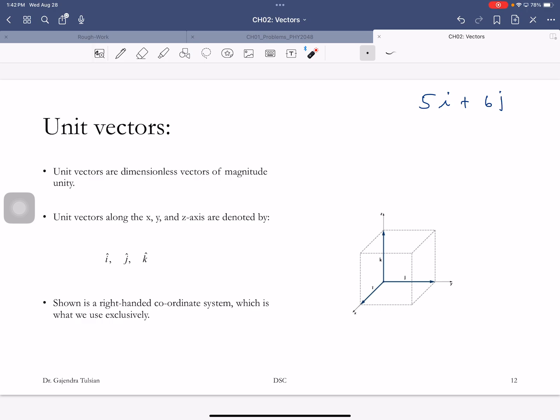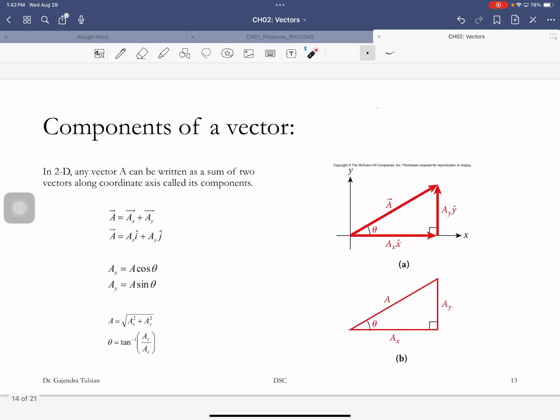The direction in which a right-handed screw moves. All right. Any questions so far?